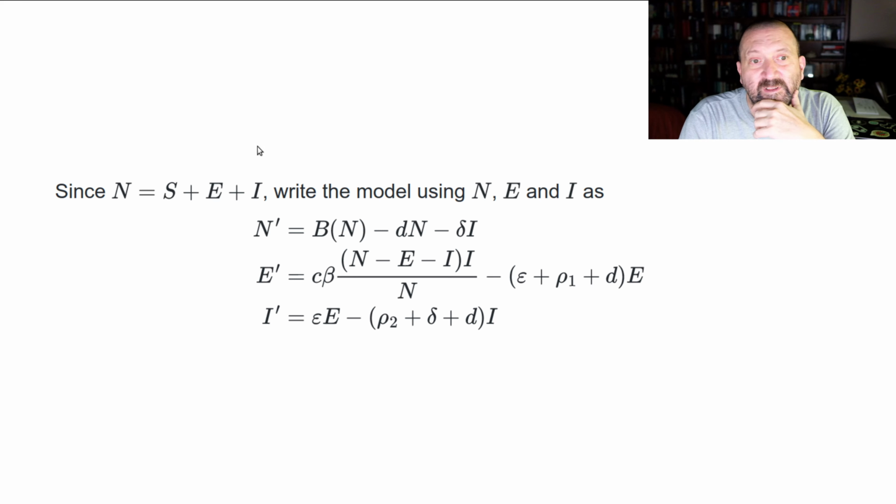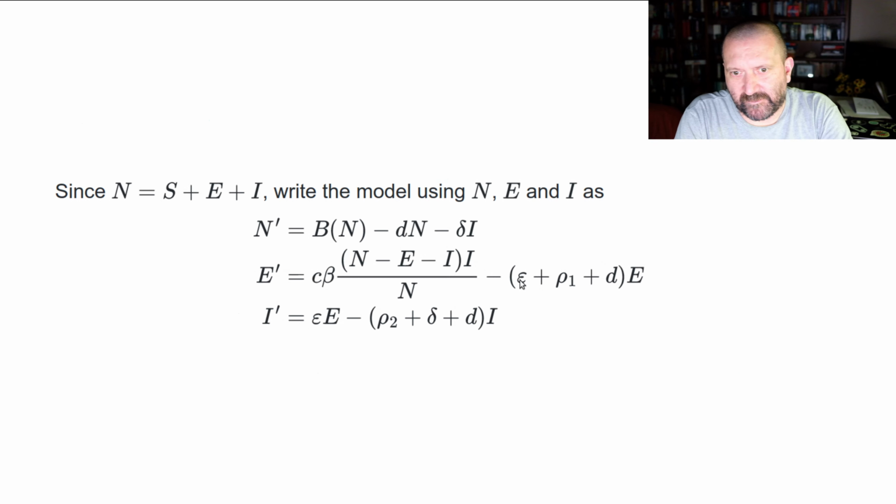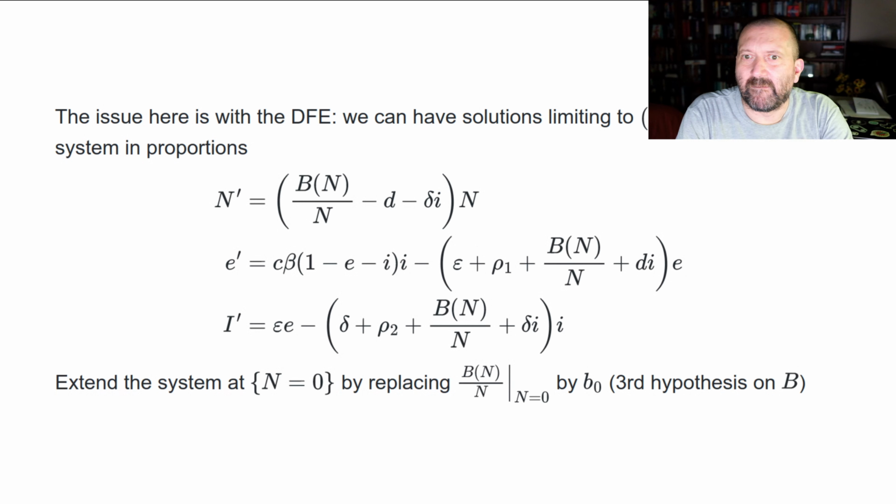So what they do is they rewrite the model. They recast in terms of N, E, and I instead of S, E, and I. Then they look at the system in proportions. But the issue, if you look at this system here, the problem is that there are solutions going to 0, 0, 0.